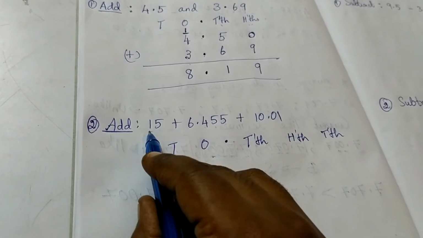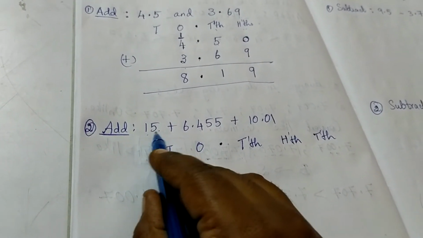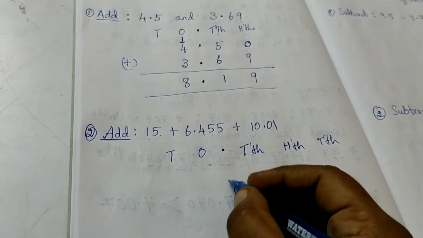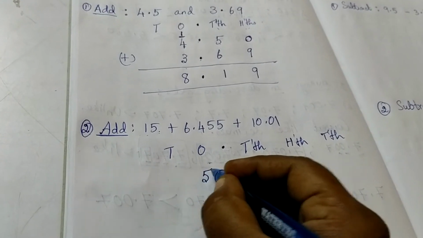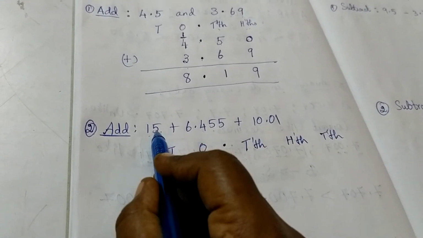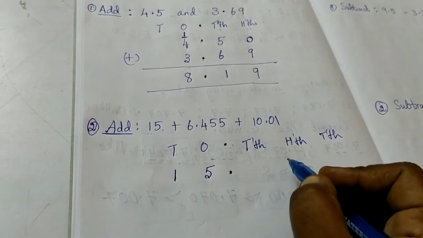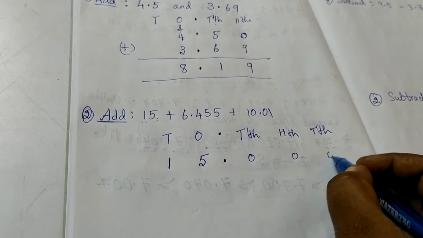In 15 we don't have a decimal place, so it is a whole number. Before decimal we write 5, 1. This 5 is ones, this 1 is tens. After decimal we don't have any values, so you can give zeros.